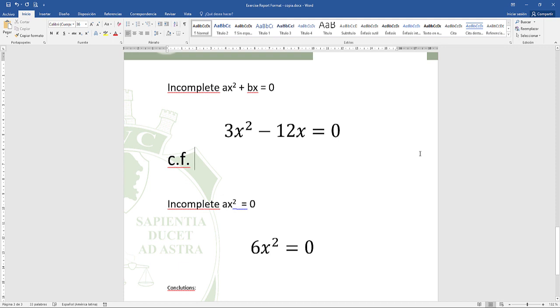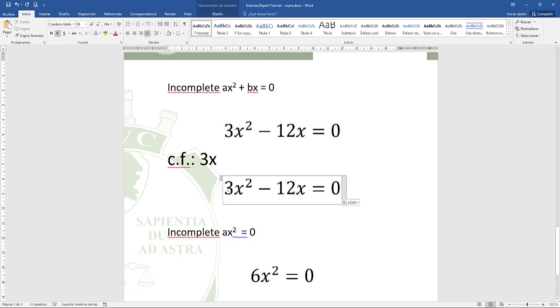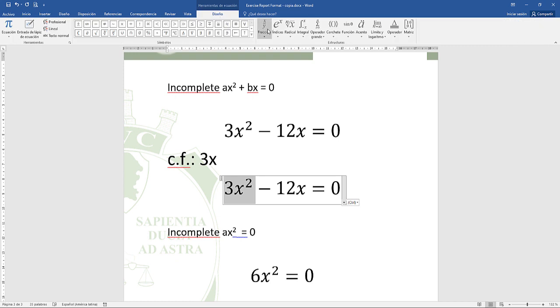The x is present in both terms, and the lesser exponent is 1. You have here 3 and 12, so the 3 divides both terms. Remember, you need to divide every term.